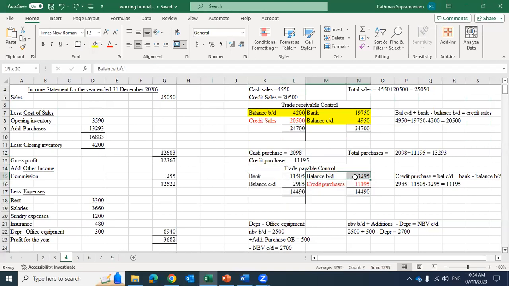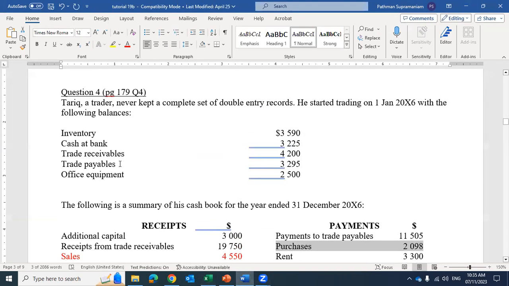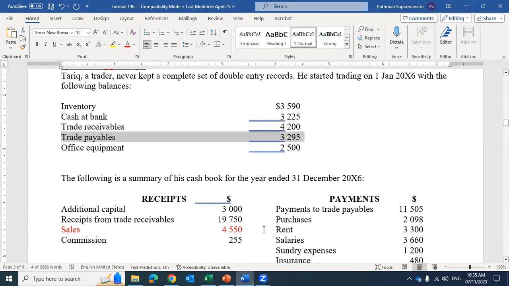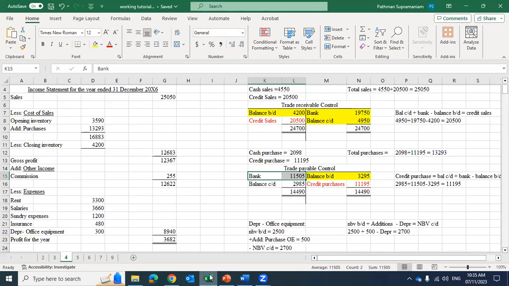To get the credit purchase, we open a trade payable control account. We put in the figures that we know, the opening balance coming from here, 3,295. Okay, and then we put in the payments made to trade payable, 11,505, coming from here. And then there is no discount received or purchase return, so we skip that.